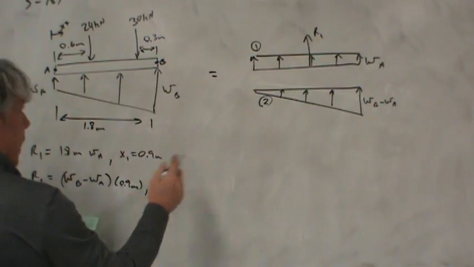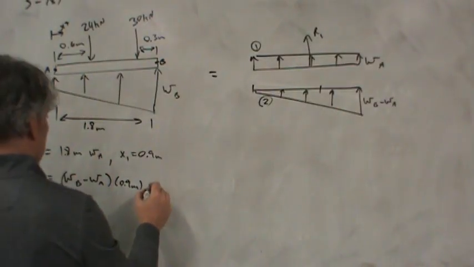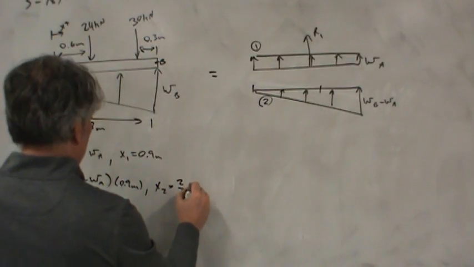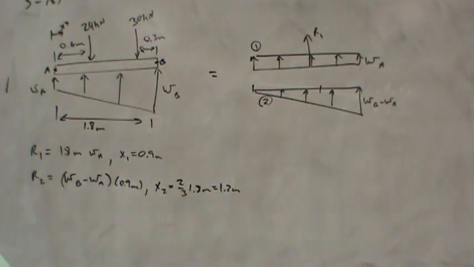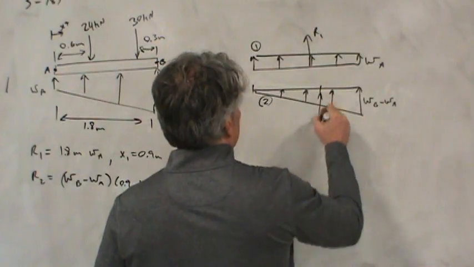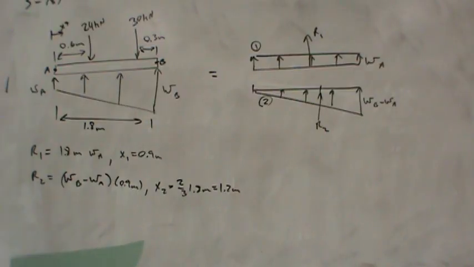Its location will be 2/3 of the way over, so 2/3 of 1.8 meters, and that just comes out to 1.2 meters because they made this problem nice, where most of the numbers, I think all of them, come out nice and round. So those are the resultants, and of course this one acts there. I'm not going to bother getting a resultant for the entire distribution. They didn't ask for it. They just wanted me to determine the values of WA and WB.